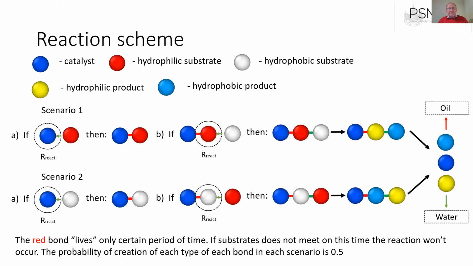Here is just a scheme of the reaction. I will not go into detail. I don't have time for this. How the reaction works, just in brief: we make a triple contact between the catalyst and two reagents within the microgel, like here. After having this contact, we recolor the beads, making them the product of the reaction, and then break these links between the particles.